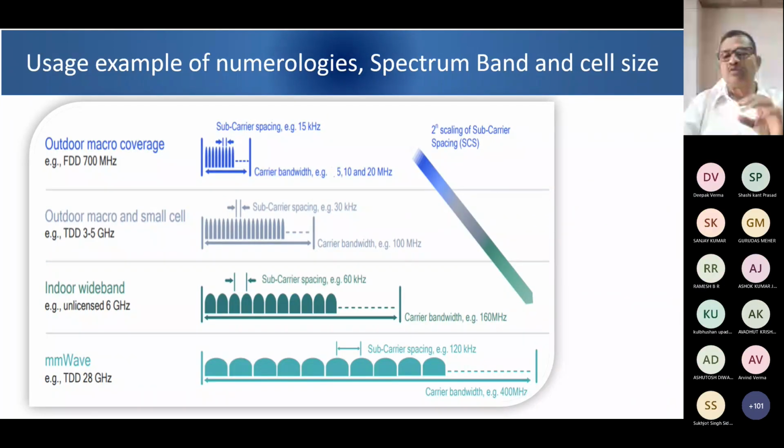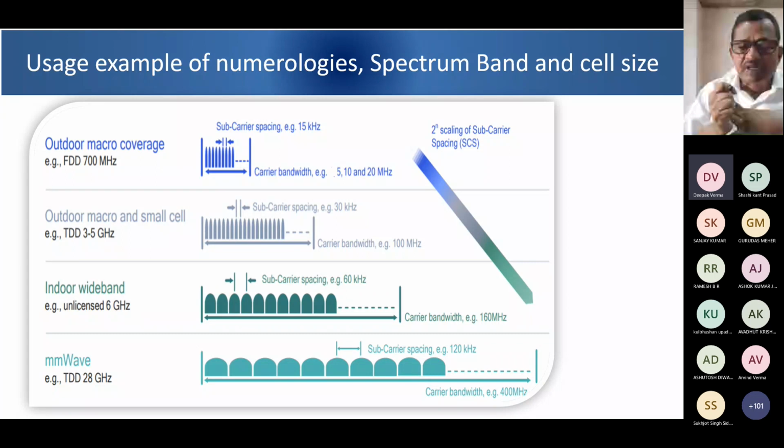Just look at this particular picture in a very broad sense. I have taken it from one of the documents released by Qualcomm. What are the use cases of different frequencies, spectrum bands and cell sizes? Here they are talking about outdoor macro coverage, that means a large coverage, and they have taken the example of the 700 megahertz FDD band.